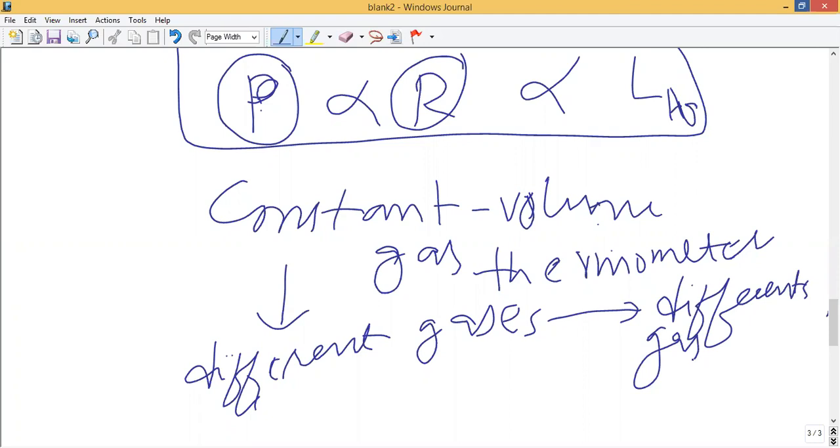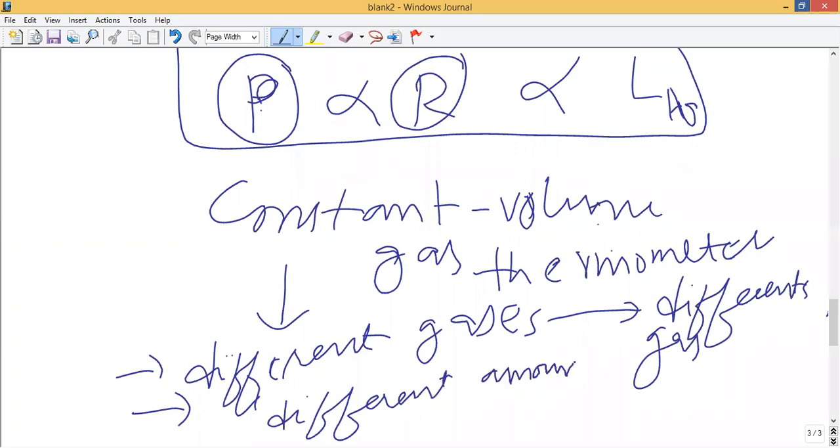Even if you put different amounts, that will also give different values.